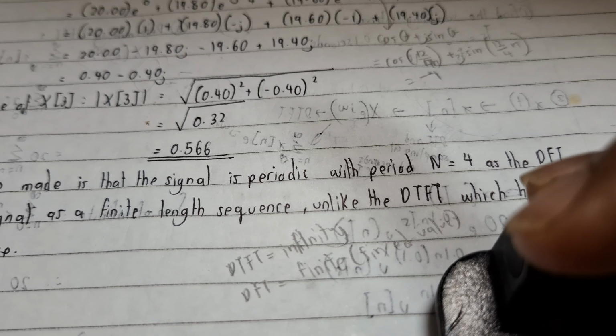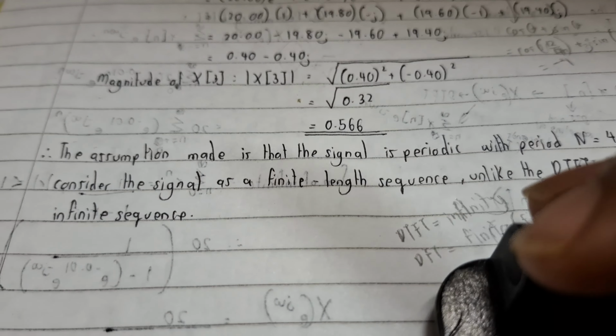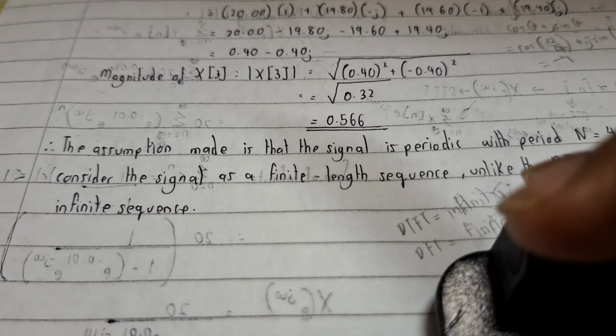As we saw earlier, the DTFT always has this infinity sign in its equation. So DTFT is infinite, DFT is finite.